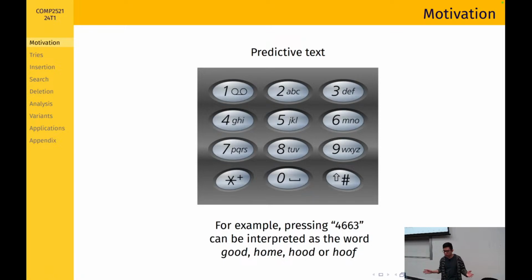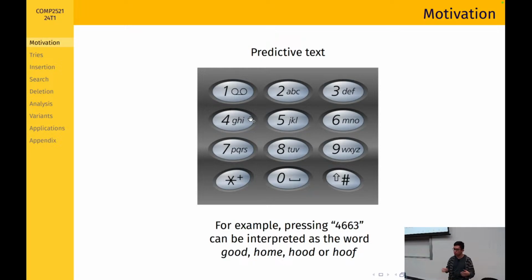Predictive text is what I also mentioned before. In these old phones, each button has a digit and a few letters on it, like A, B, C, D, E, F. If you want to type a word, you have to press the buttons that contain those letters.